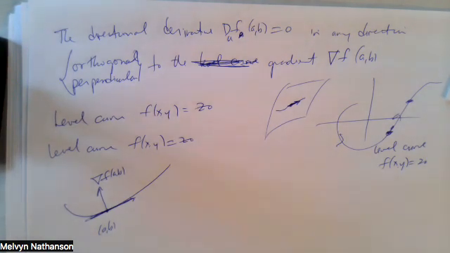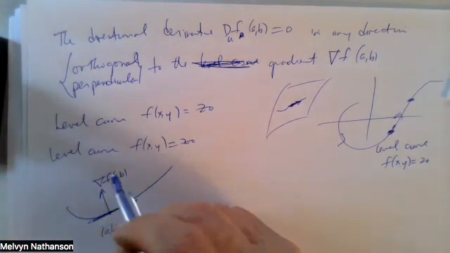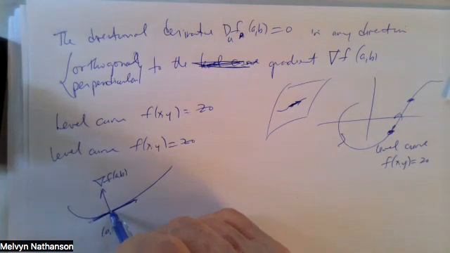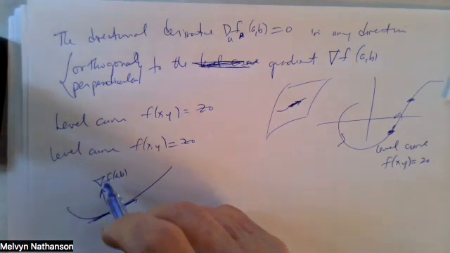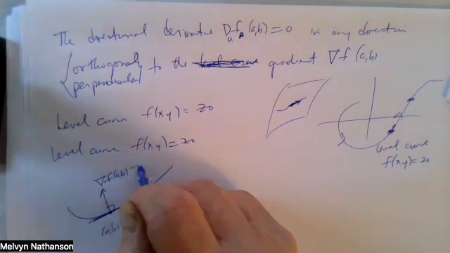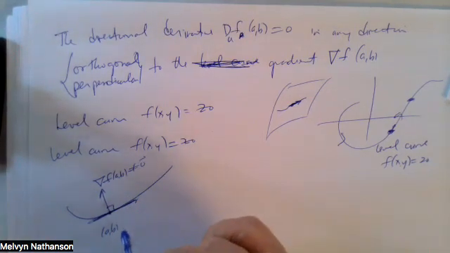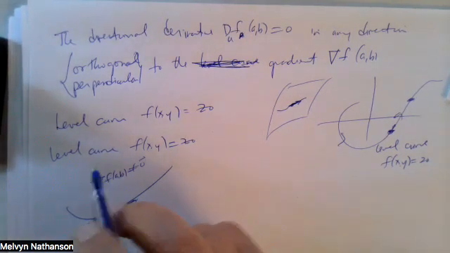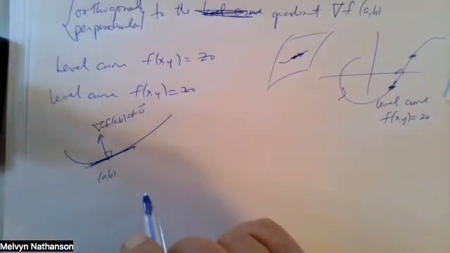This is stated as a theorem in the text: given a function differentiable at (a, b), the line tangent to the level curve of f at (a, b) is orthogonal to the gradient, provided this gradient, of course, is not the 0 vector. Let me try to do an example first, and then I want to prove this fact.